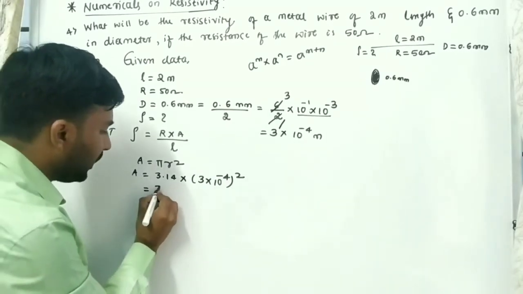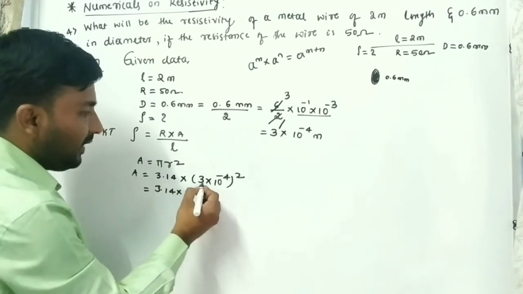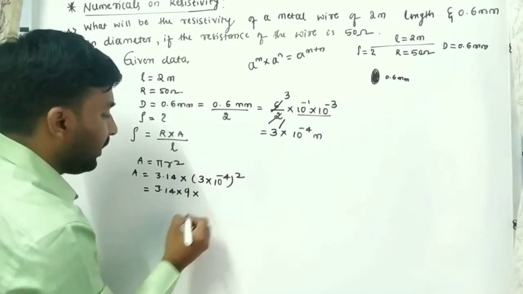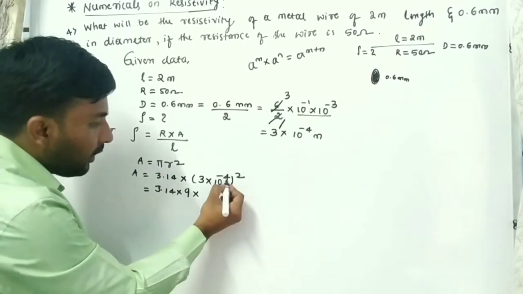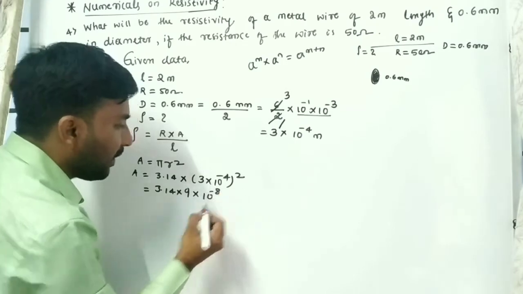This is equal to 3.14 as it is. This is 3 square, it is 9, into 10 raised to minus 8.